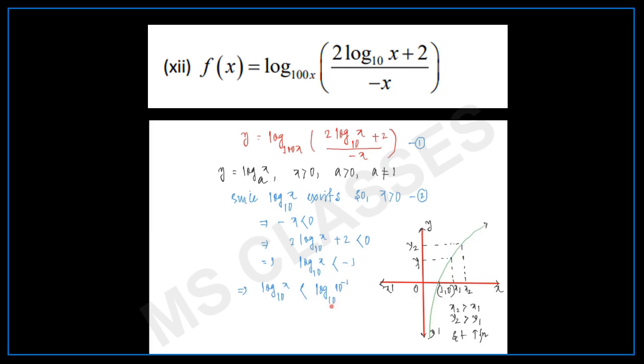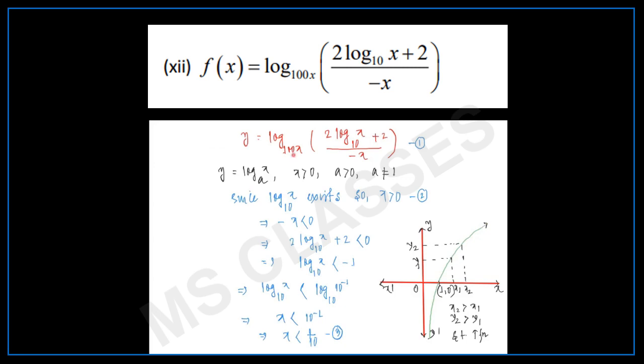So from this, you can understand y2 less than y1, and so x will be also less than x1. Why? Because this function log x base 10 is simply increasing function. So here what we get, x less than 1 by 10. The third one. So this is done.